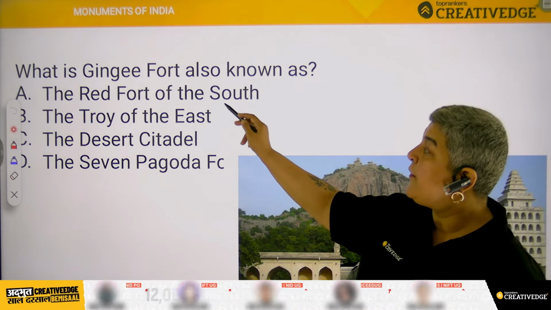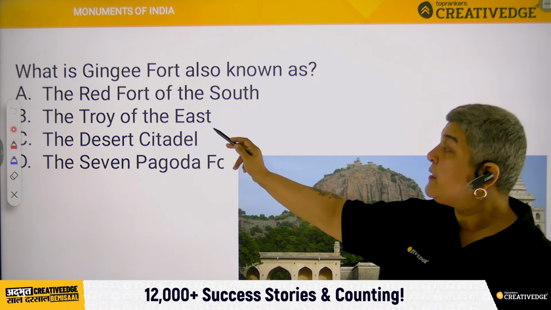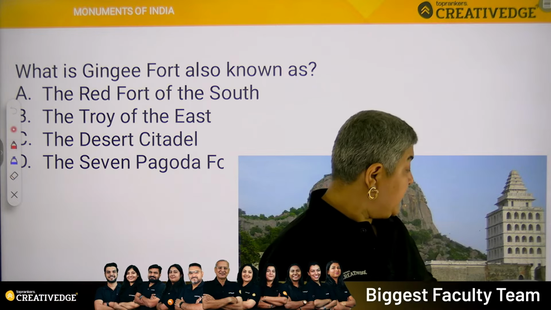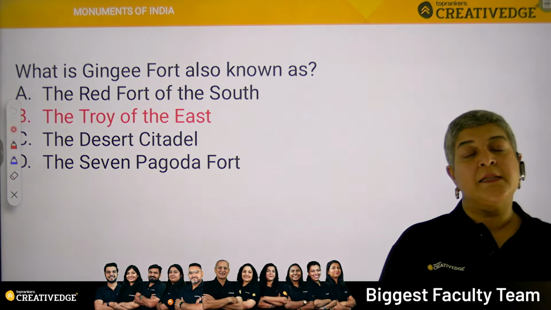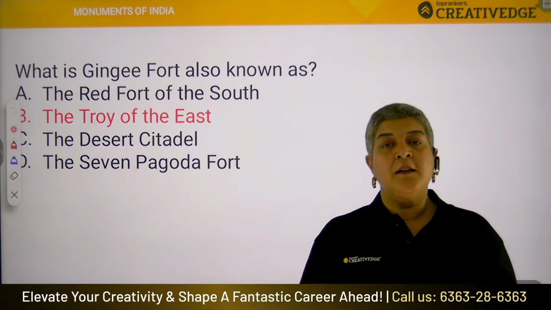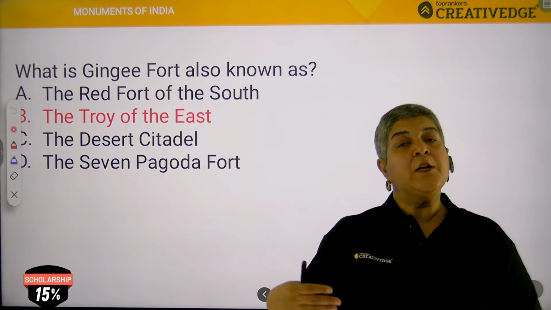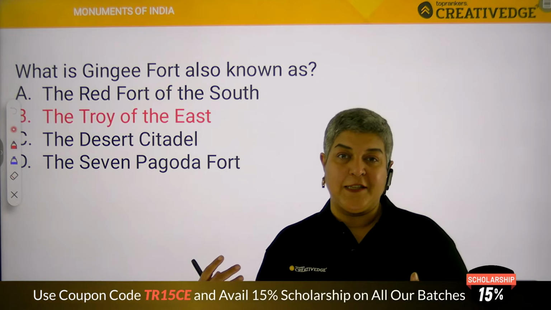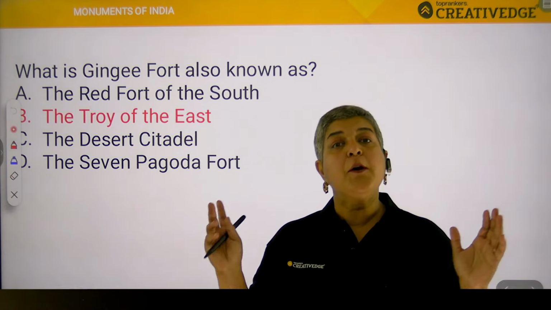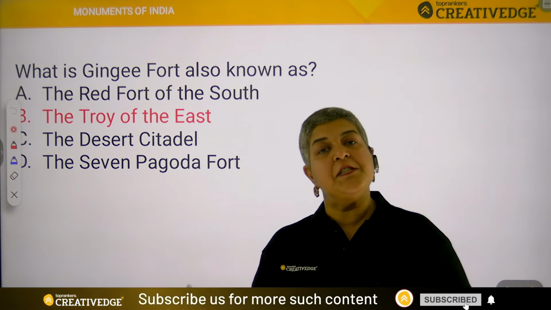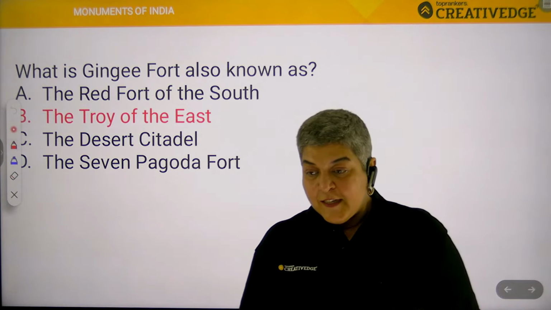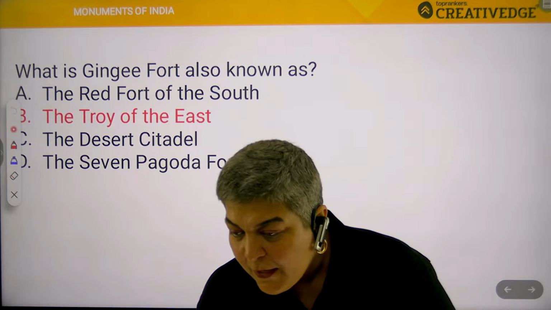Is it known as the Red Fort of the South, the Troy of the East, the Desert Citadel, or the Seven Pagoda? All right, the correct answer for this is that it is known as the Troy of the East. Jinji was a place from where, if you entered, you would get an entrance into the entire Maratha empire. It was called Troy because just as Troy was well protected, Jinji Fort was protected in the same way. And that is why it was known as the Troy of the East.